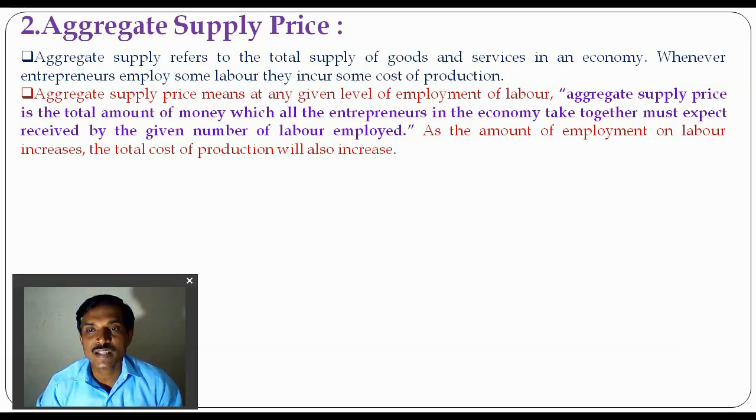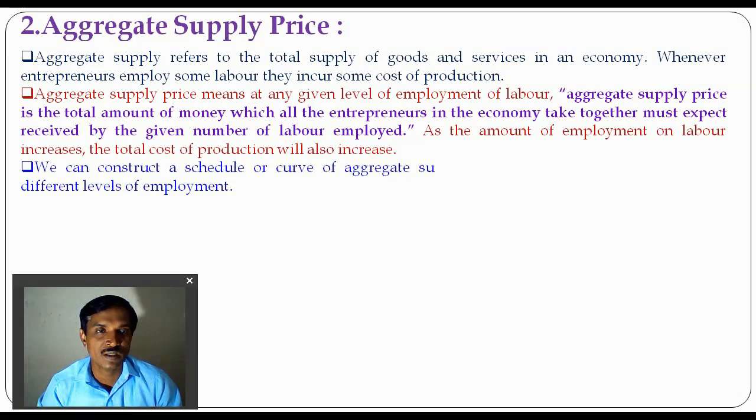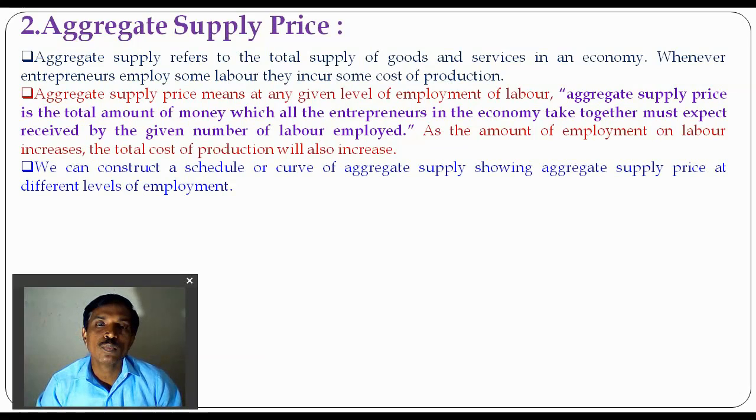As the amount of employment of labor increases, the total cost of production will also increase. We can construct the aggregate supply schedule and aggregate supply curve with the help of these prices at different levels of employment.